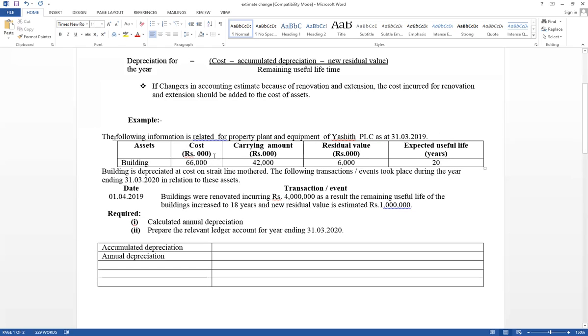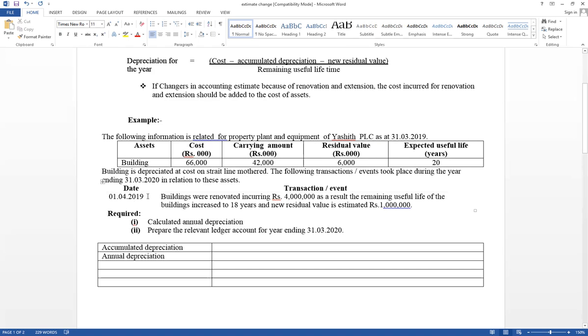Think about normally depreciation can be calculated cost minus residual value divided by useful lifetime. But now think about it has given building is depreciated on straight line method, and the following transaction and event took place during the year ended 31st March 20. This is our accounting period.